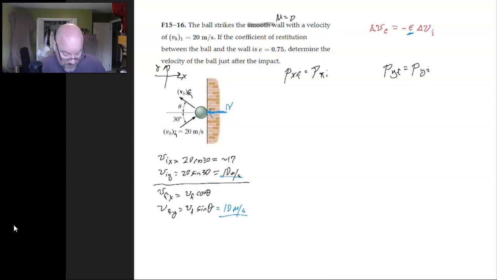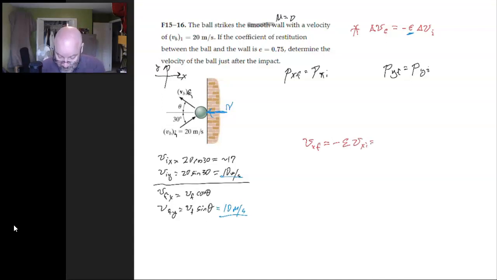All right, now in order to get the x velocity, what we're going to have to do is use our equation. The two objects that are colliding here are the wall and the ball, and the wall velocity is always 0. So that means my impact equation just reduces to Vx final is minus epsilon times Vx initial.